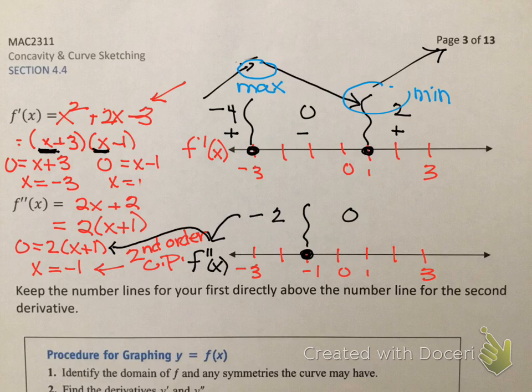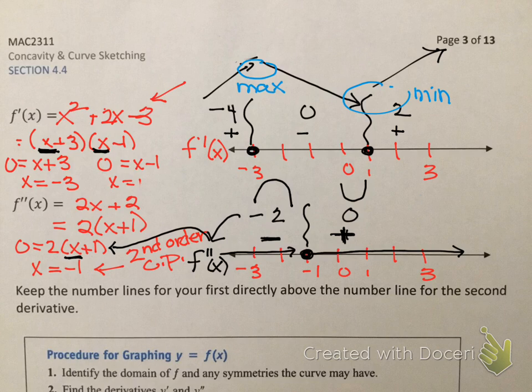When I plug a negative 2 in here, I'm going to get out a negative. When I plug in a 0, I'm going to get out a positive. These positives and negatives tell me my concavity. I can tell that my function is concave down, because this is negative, from here to here, and that my function is concave up from negative 1 on.